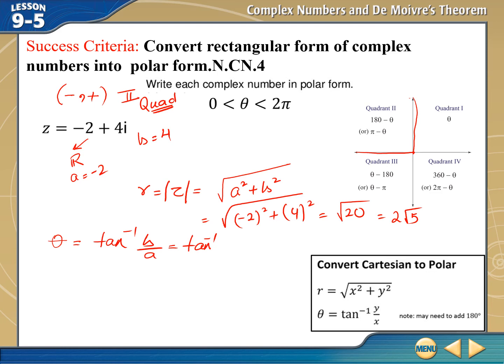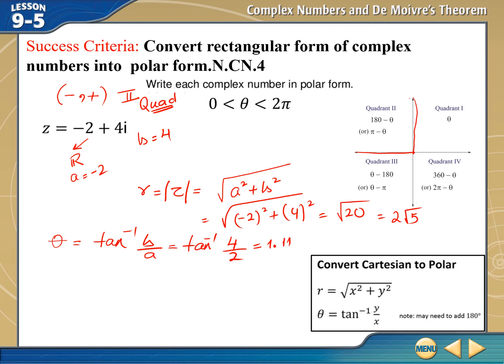So I would suggest taking the 4 and the 2 with the positive sign. Whenever there is a negative number, you take it as positive to find the angle. Now write tangent inverse, that is shift tan and then 4 over 2, and that would give you 1.107, that is 1.11.